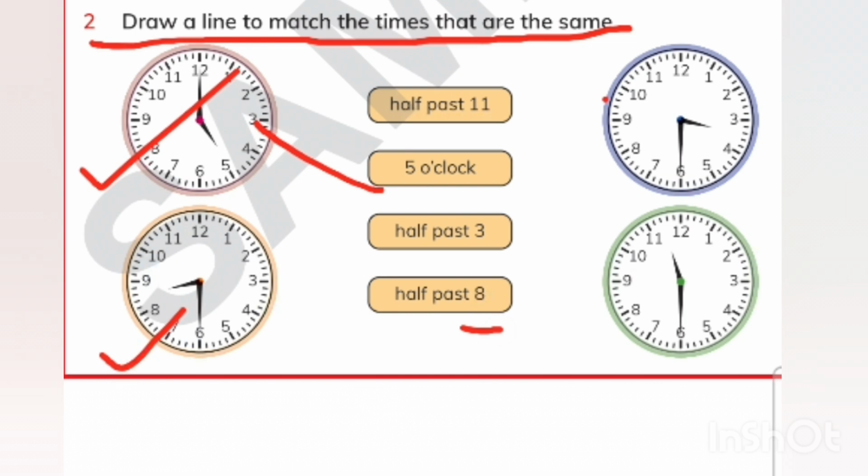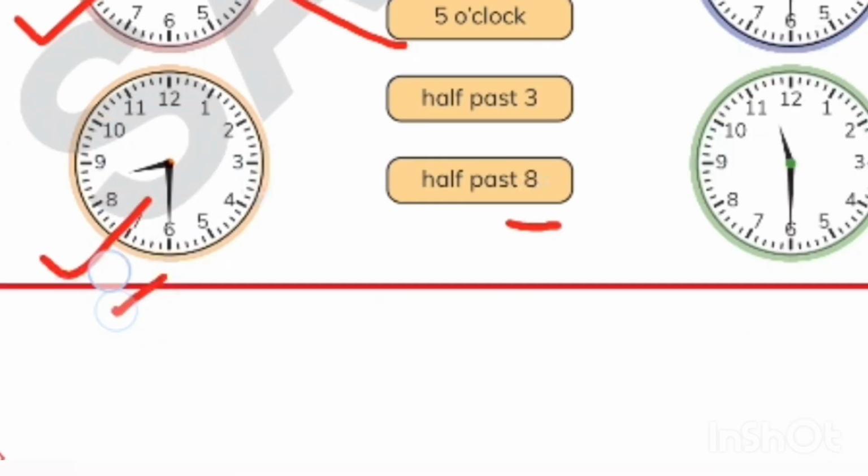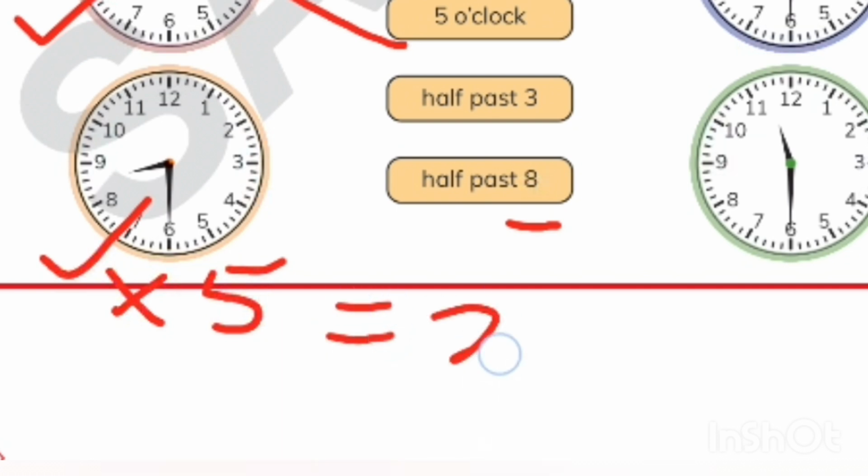I will show you the importance of the 5 table here. If we multiply this 6 with 5, 6 fives are 30. So we will write 8:30 in digital. In digital we will write 30, but I am not discussing the digital because the students will get confused.